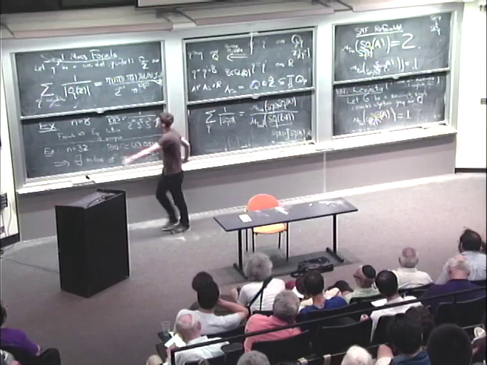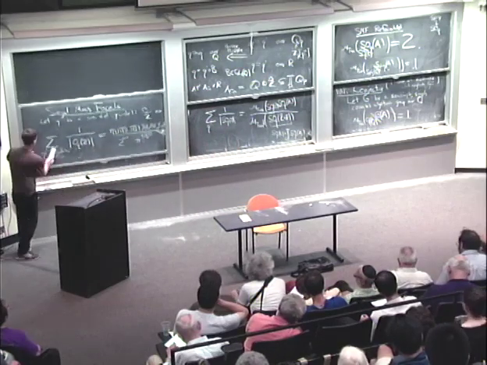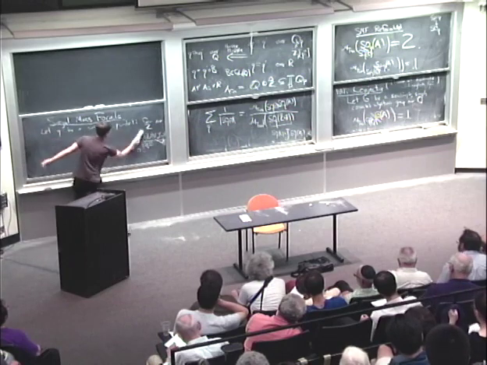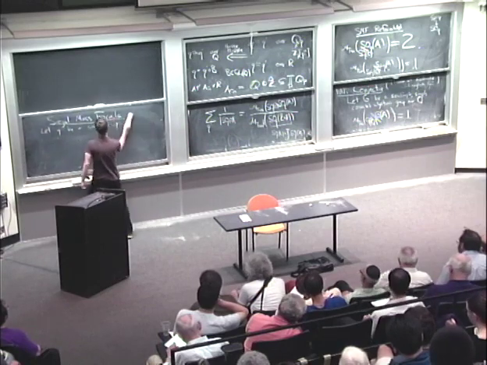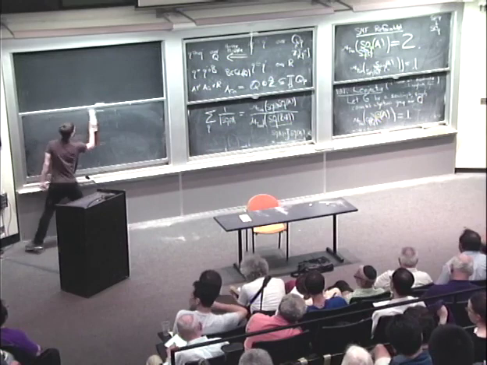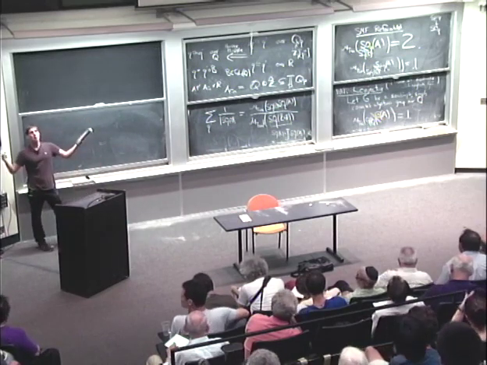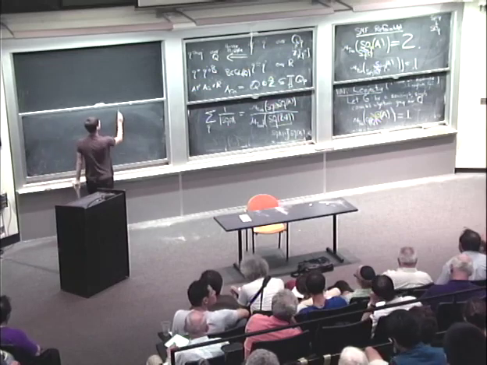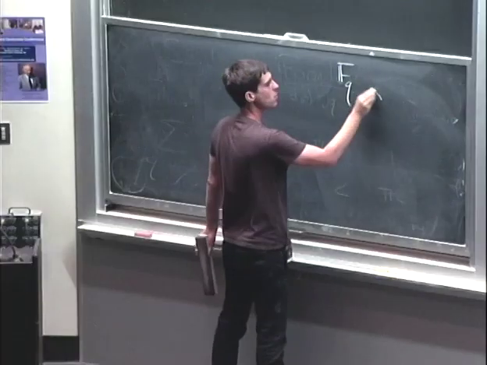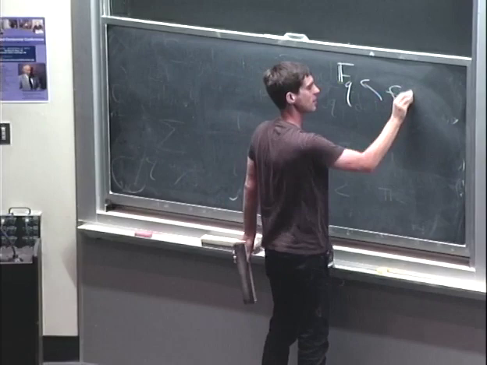So now I need to reboot a little bit just to introduce some notation for working over function fields. So now instead of Q being a quadratic form, Q is going to be a power of a prime number. And F_Q is going to be a finite field with Q elements.